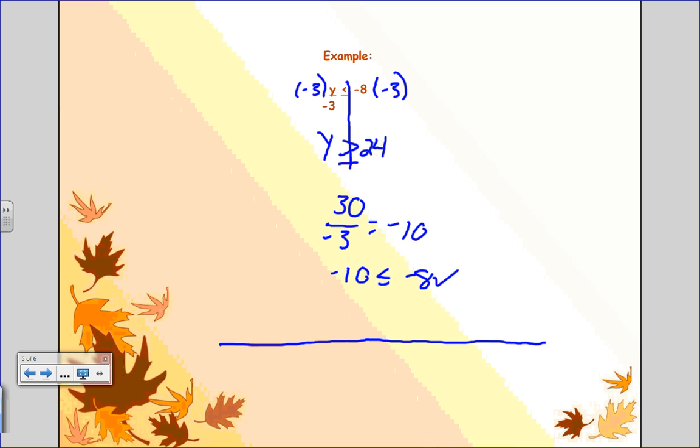Make your number line. Make sure you always put the arrows on the end. Mark down your 0. I'll count by 2's again. I'm just labeling every other one just to go quicker.